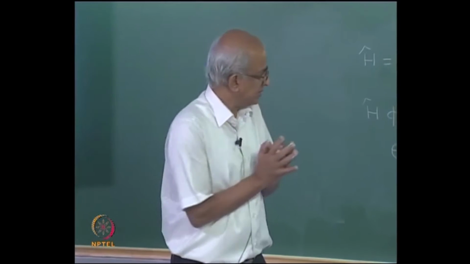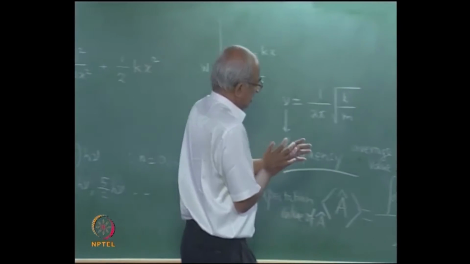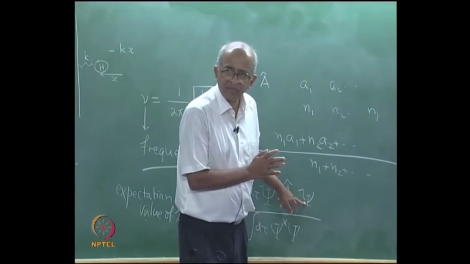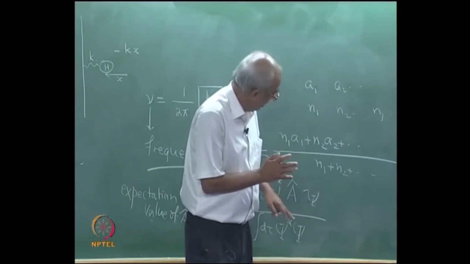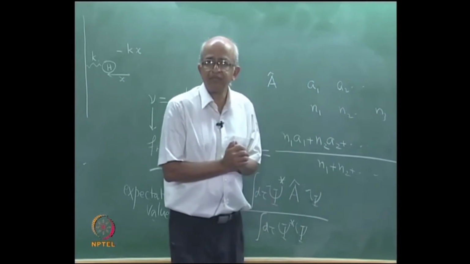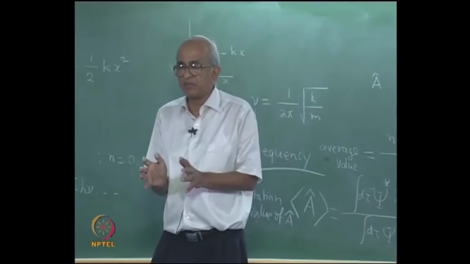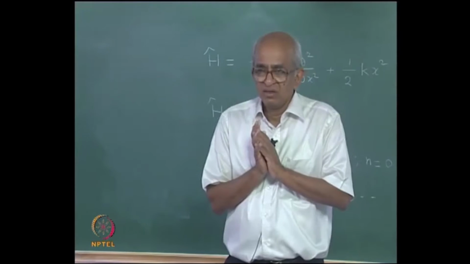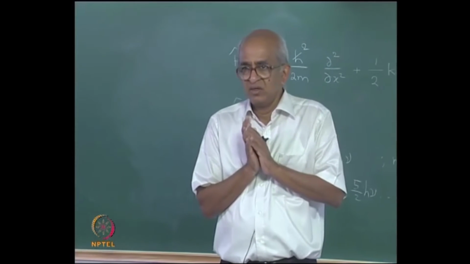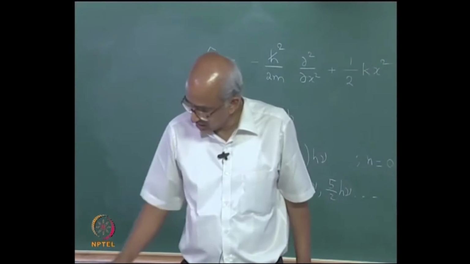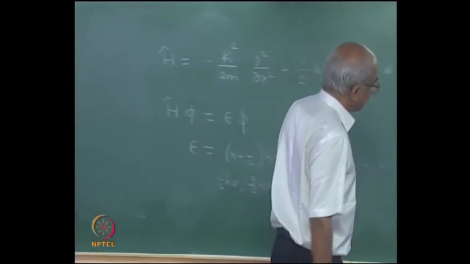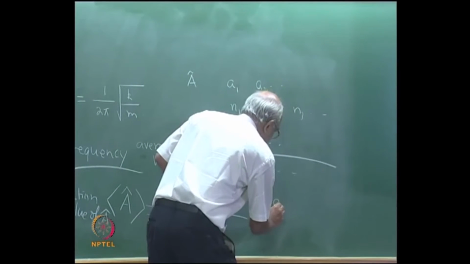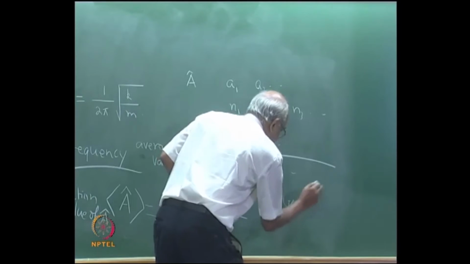Suppose it so happens that your state function is an eigenfunction of A, right, and let me say that small a is the corresponding eigenvalue. So, therefore, A operating upon psi is going to give me small a times psi.